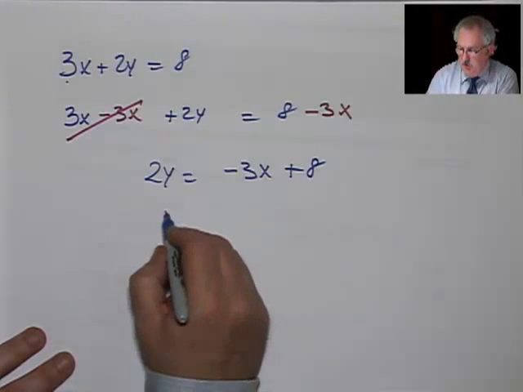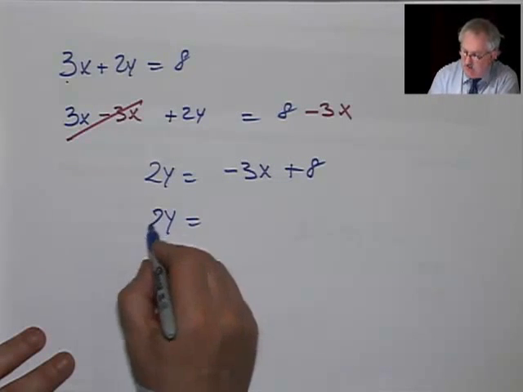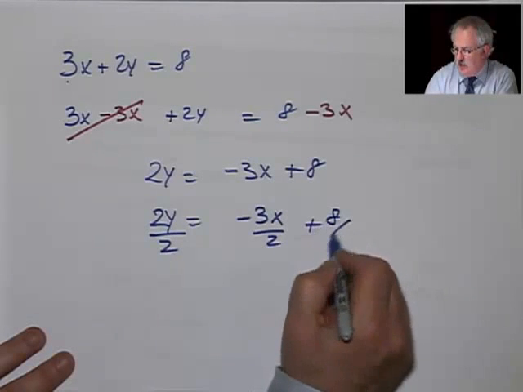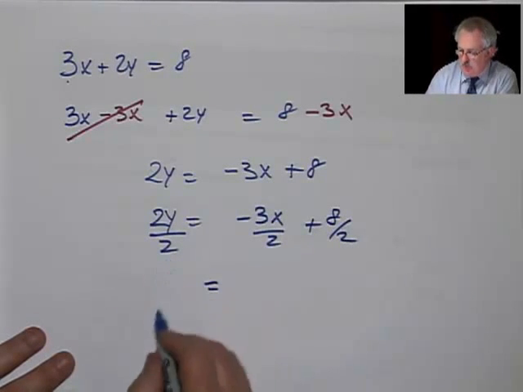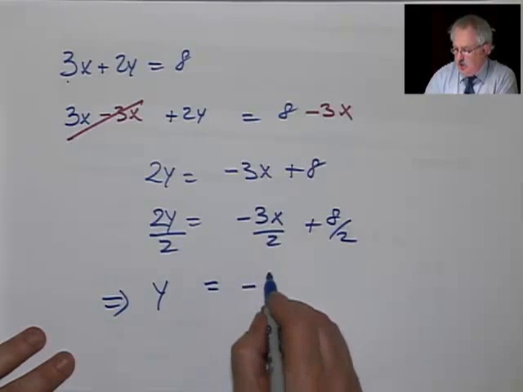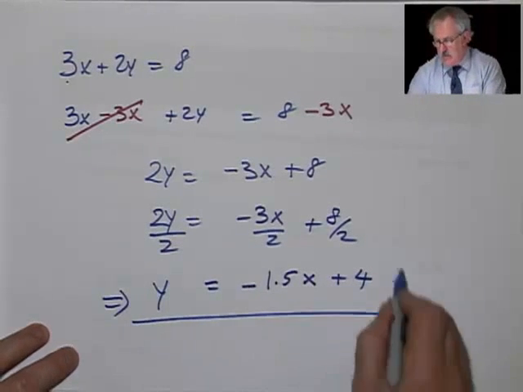I divide by 2 and get y equals minus 3x over 2 plus 8 over 2, which is y equals minus 1.5x plus 4.